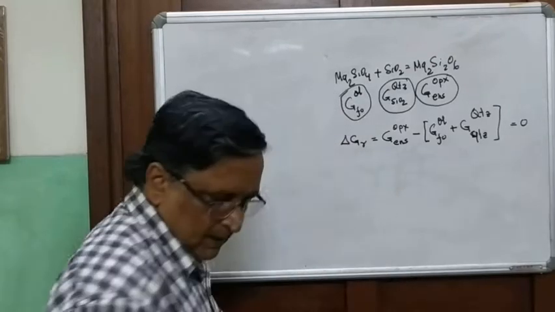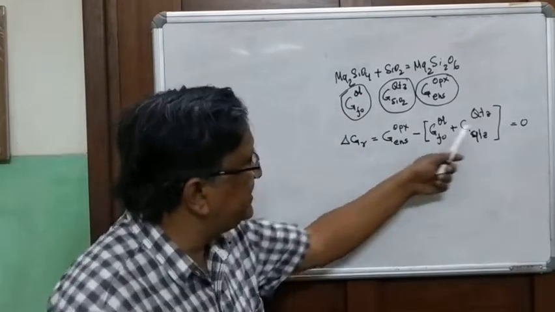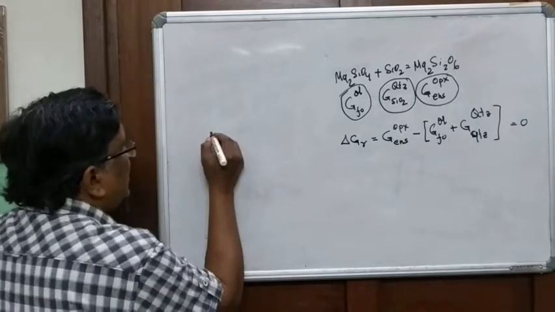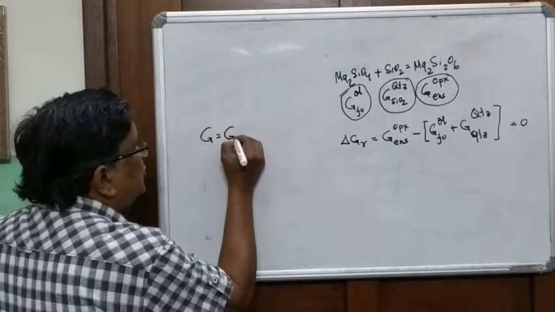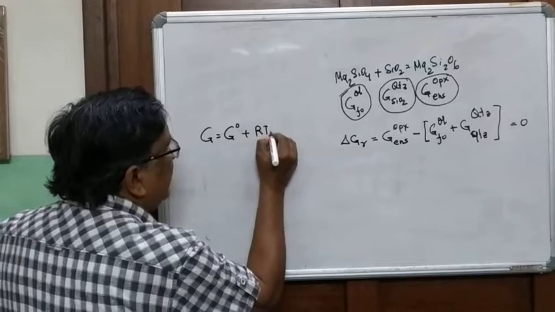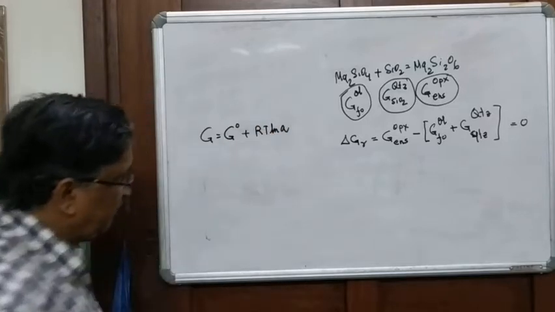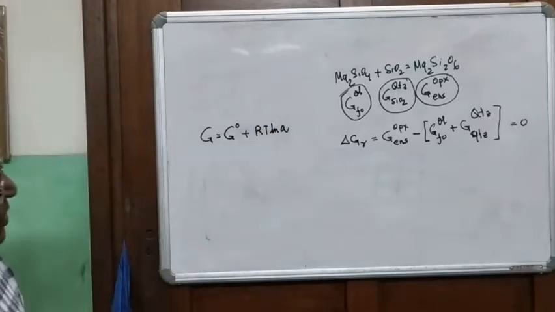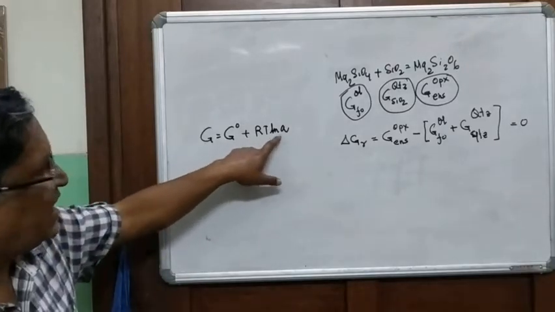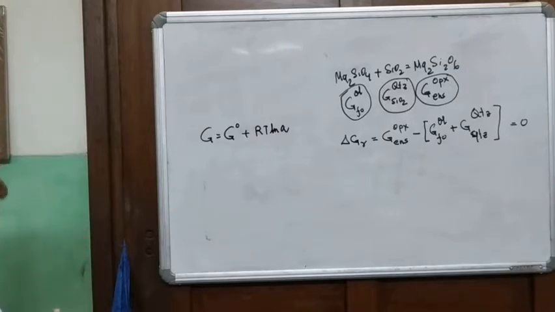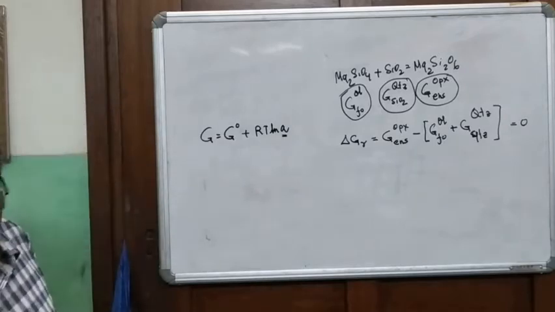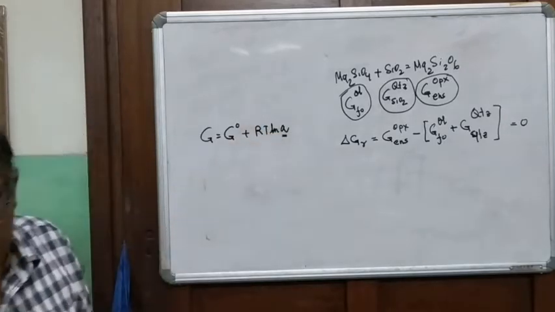So we have this expression. But we also know G is equal to G0 plus RT ln activity. We also know this. Once again repeating, if it's a pure phase, then activity is equal to 1 and RT ln A is equal to 0.